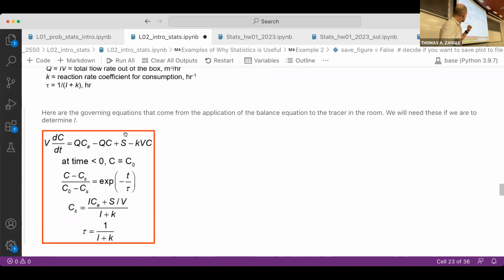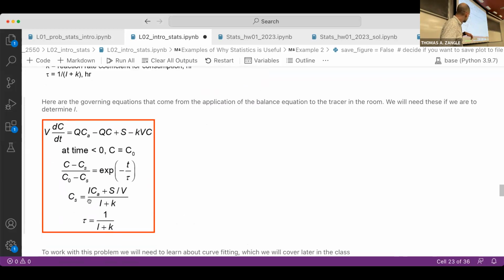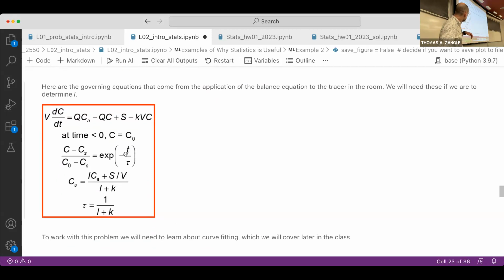But by applying that, we can develop governing equations from that balance equation that we would then use to determine I, where we now have the concentration written as a function of that variable I. In other classes, you'll be developing equations that describe processes that we might be interested in learning about.